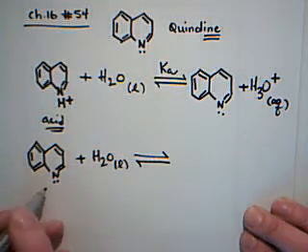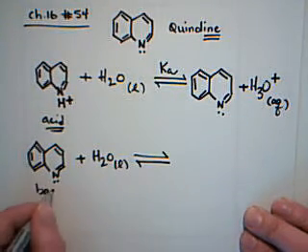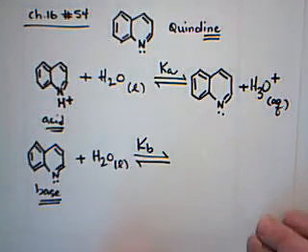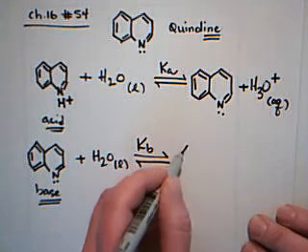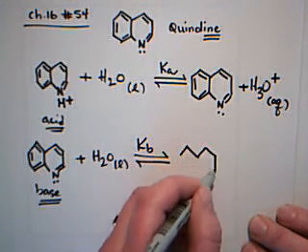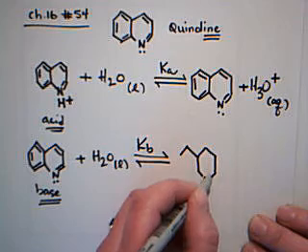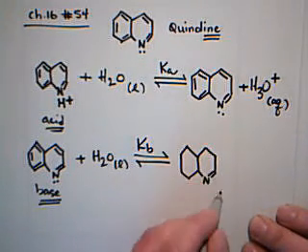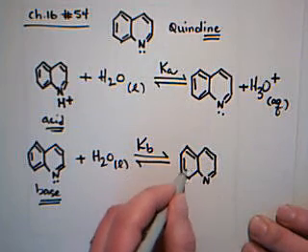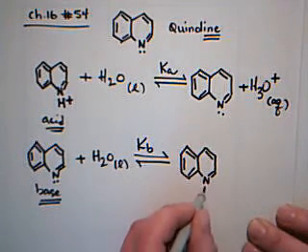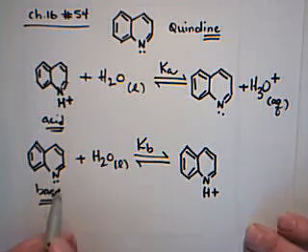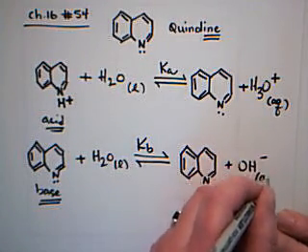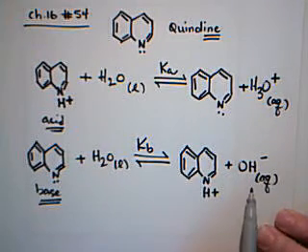That's a base, so it's governed by Kb. And it would form the acid, so this would be the acid, and it took that proton from the water, leaving behind OH-. That's why it's a base, because it creates this in water.